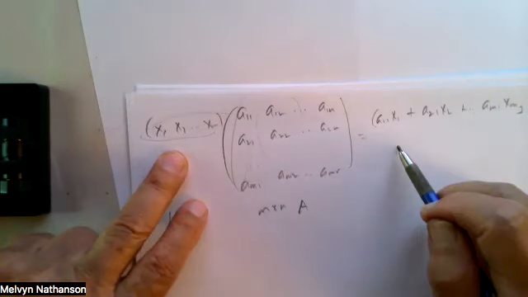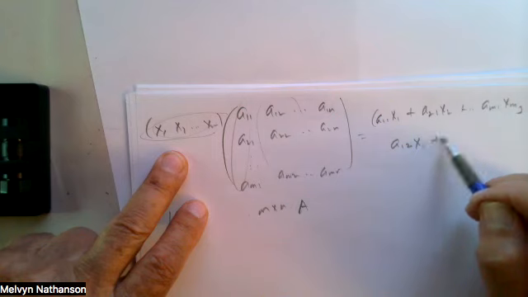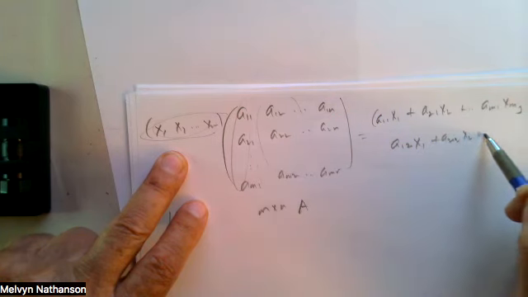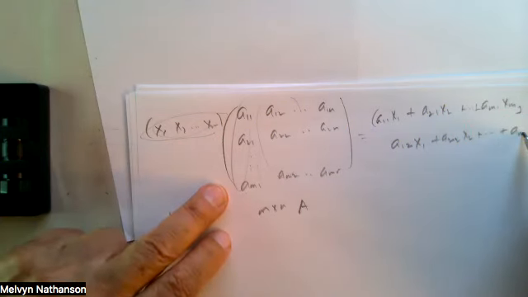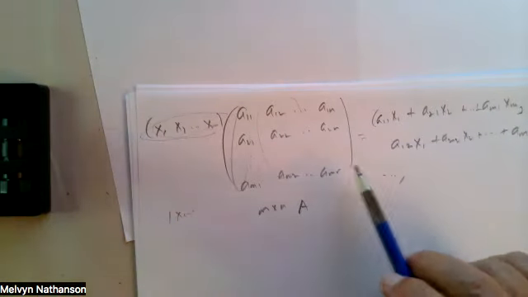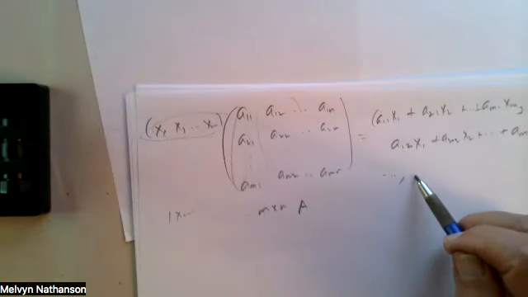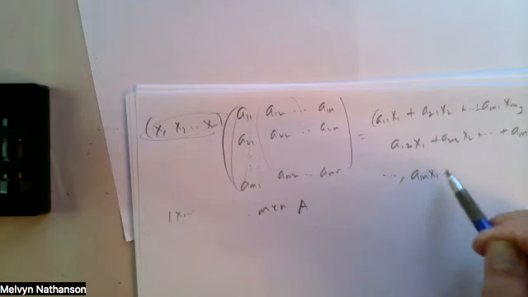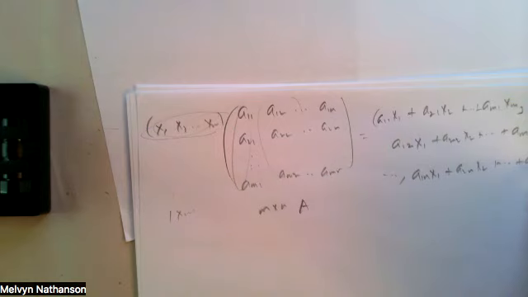I get A12x1 plus A22x2 down to AM2xm. All the way to the nth coordinate, this row times the final column. This is A1nx1 plus A2nx2 up to AMNxm.